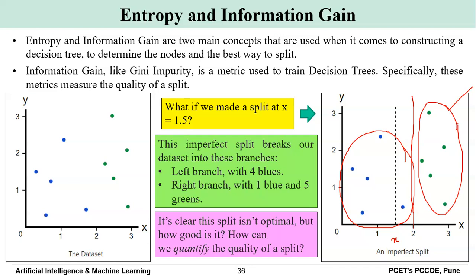This is very easy to understand, but if we have thousands of data points, it is very difficult to decide whether it is a perfect or imperfect split. So we need to quantify that, and the terms entropy and information gain will help a lot. Again, after 2 slides we will come back to this example.